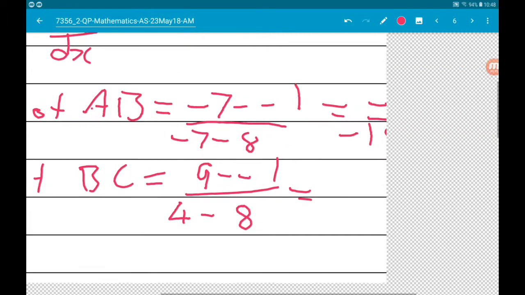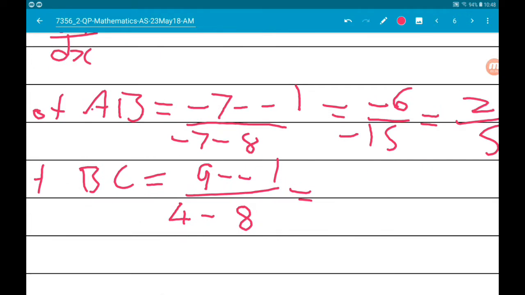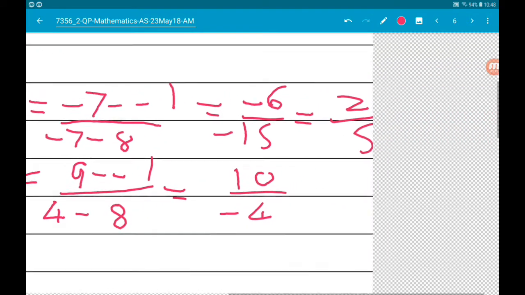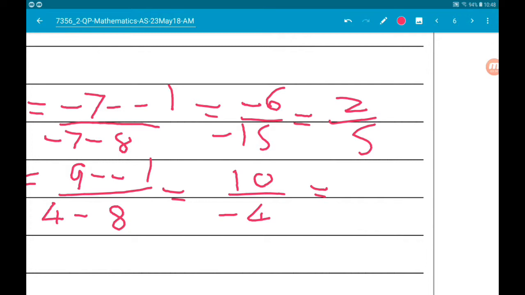And then we get 10 over -4, which gives us -5 over 2.